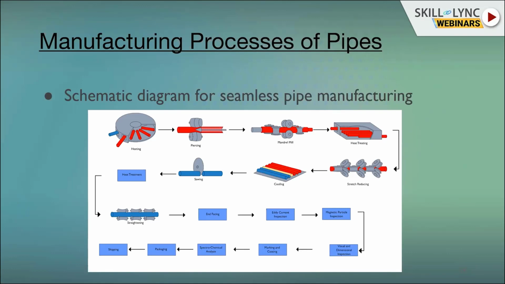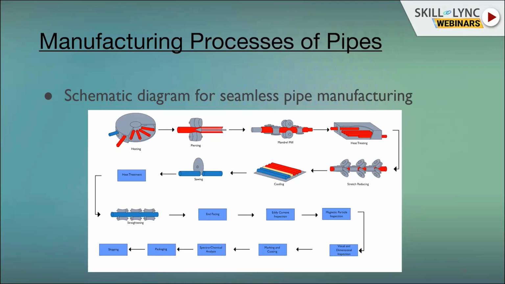The second process is piercing. Piercing is nothing but a needle piercing into a solid round bar, making a space in it. A solid round bar in a very hot condition has high ductility, so it can be pierced and rolled out.